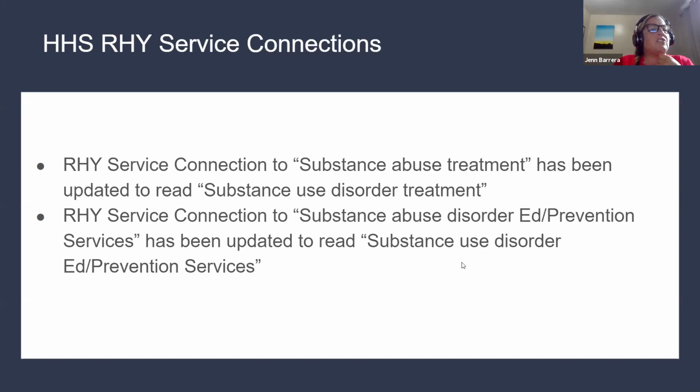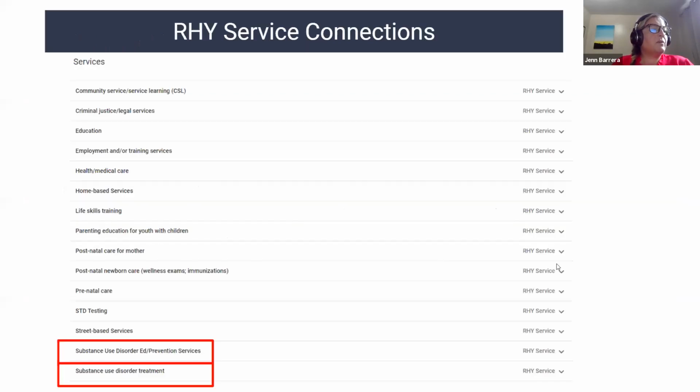But just like when Maria said, throughout our whole system, the use of the terminology substance abuse is being changed to substance use disorder. These 2 service connections are being updated to read substance use disorder treatment and substance use disorder education/prevention. So those are 2 service connections that will be updated. Here's what it will look like. This is the pick list of service connections for RHY.